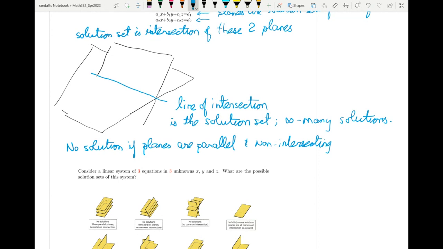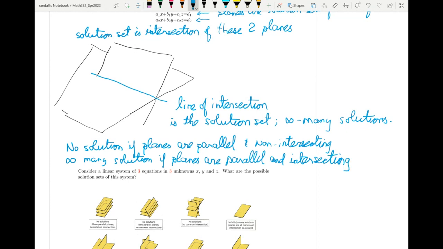Then you could have no solution, and you could have infinitely many solutions, in the case where the planes are parallel but do contain a common point. So if planes are parallel and intersecting, what I mean by that is that they have a common point, and if they have one common point, then they share all points together.